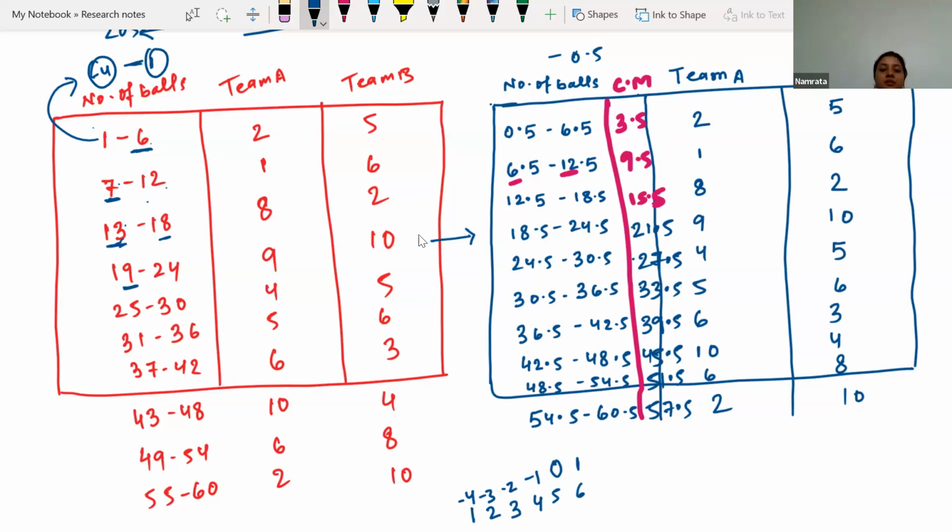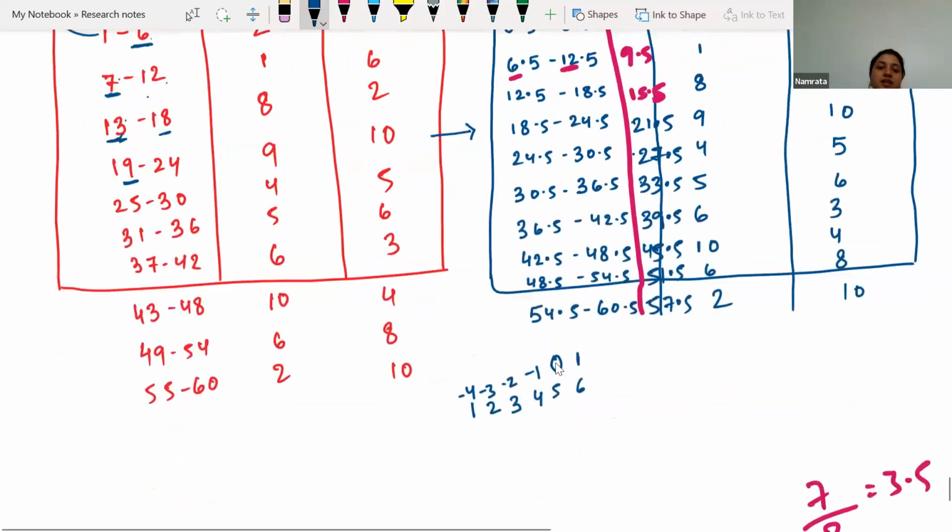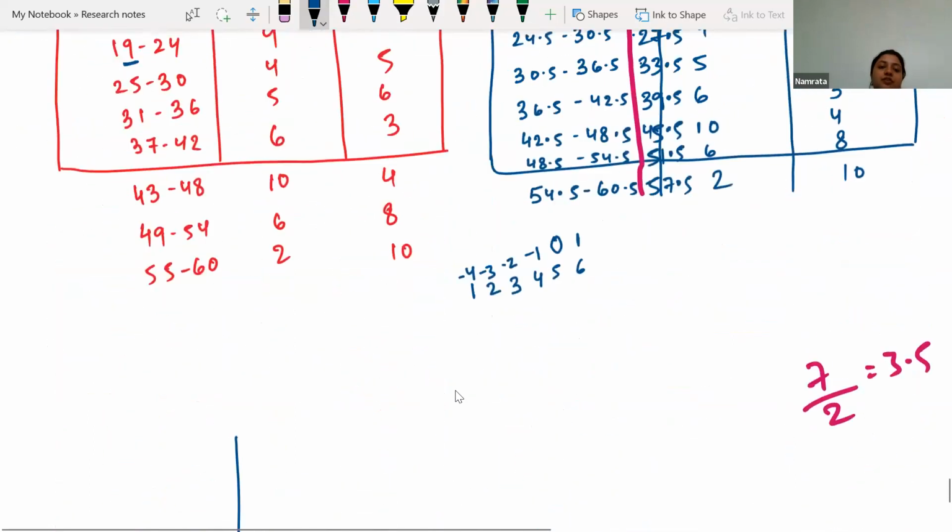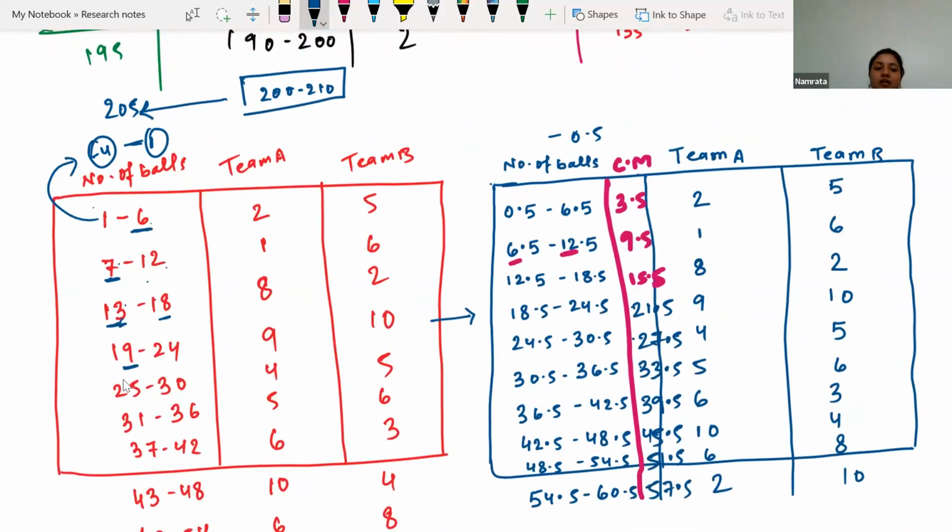I didn't understand why you took -4 to -1. Okay. I'm saying that the first interval in the raw table is 1 to 6, right?